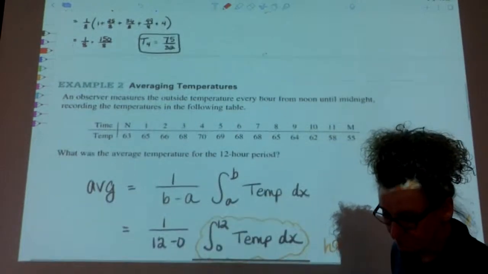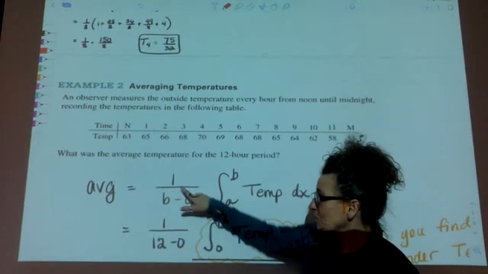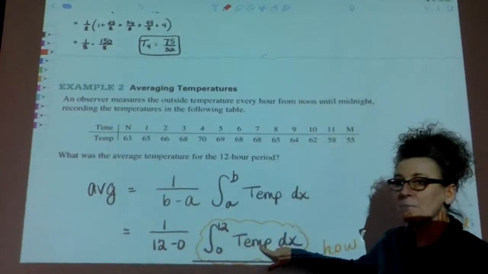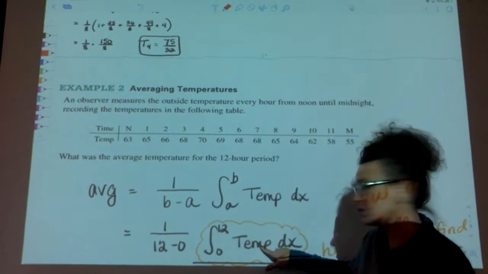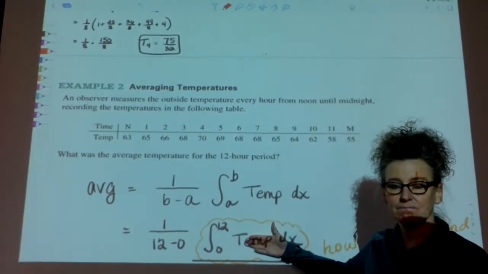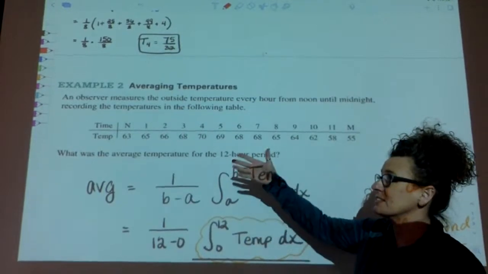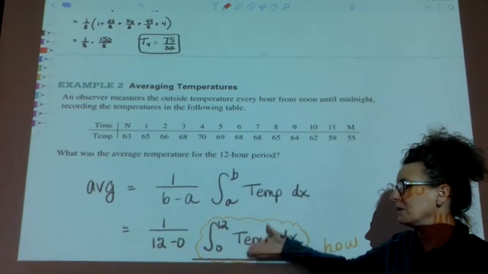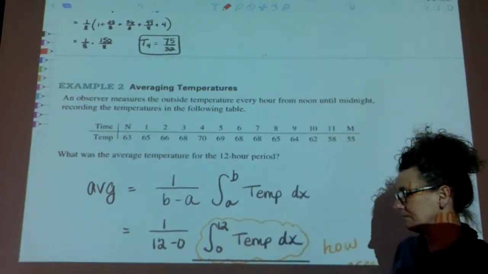So how do you get, so I've got this. Problem is I don't have a function to put here to do the math on. All I have is a table of data. I don't have a function to do an antiderivative to sub those in.